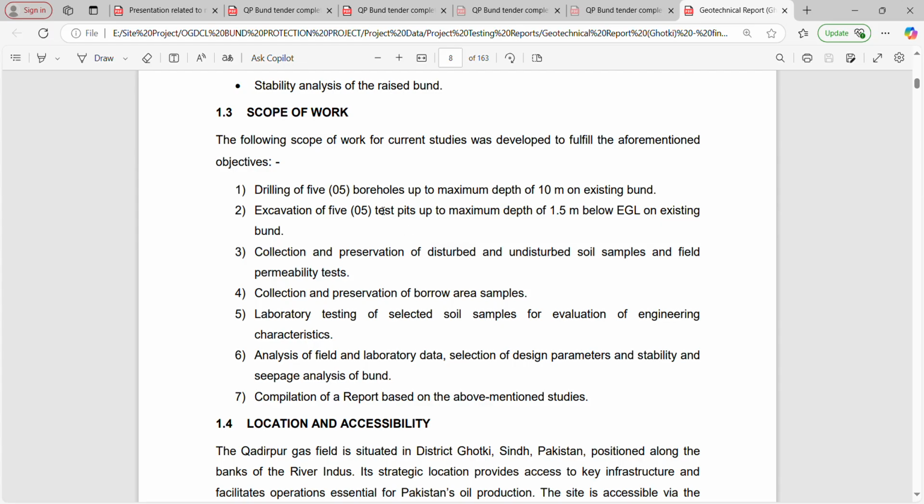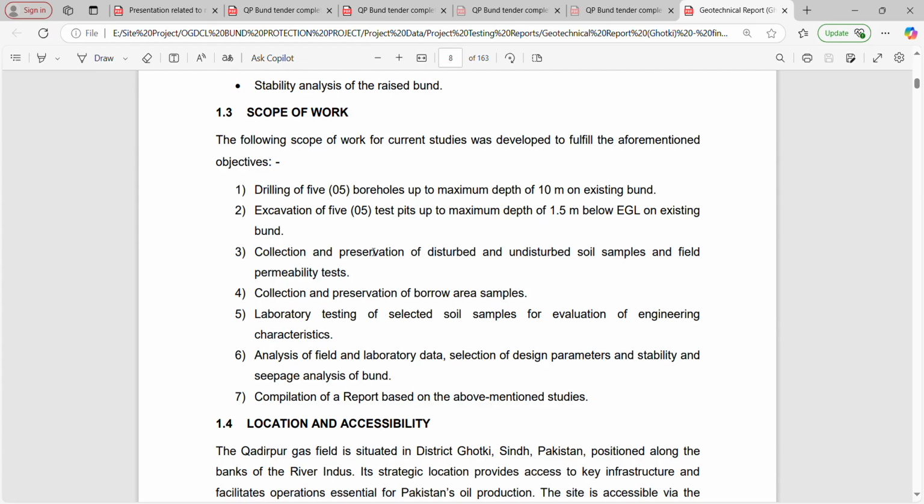This is basically a geotechnical site investigation, which includes 5 boreholes up to a maximum of 10 meters and 5 test pits around 1.5 meters from the existing bund.